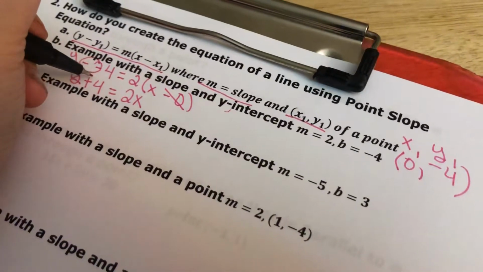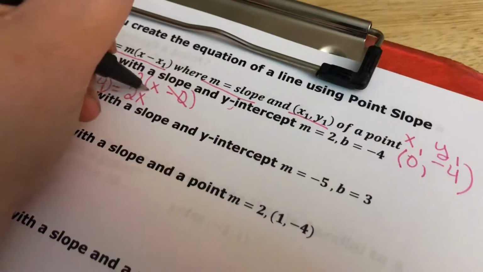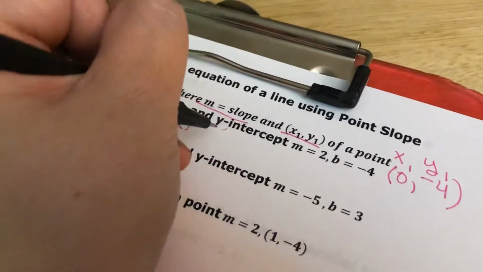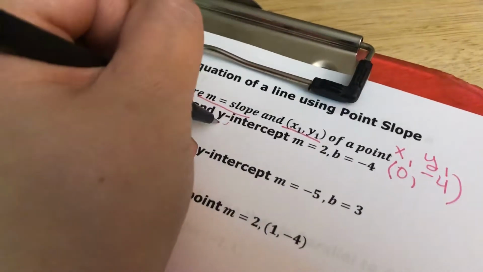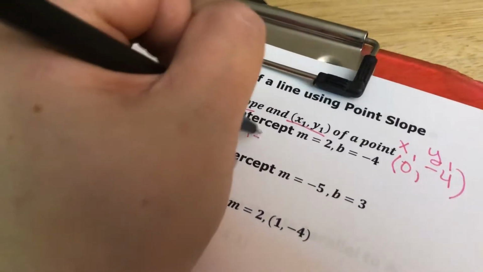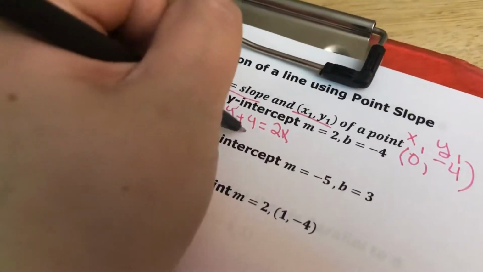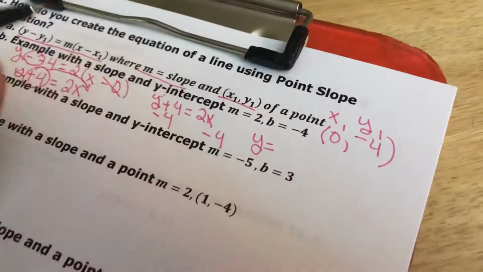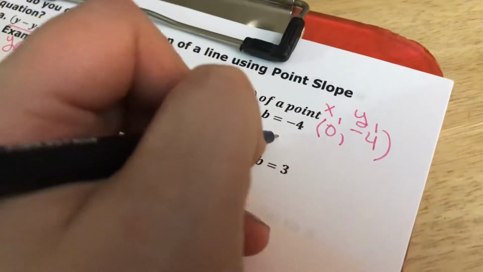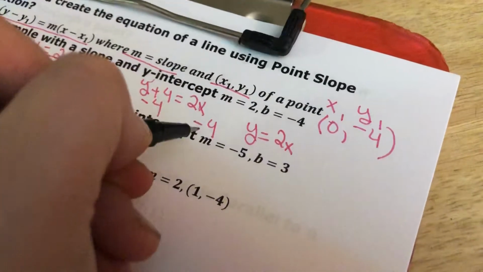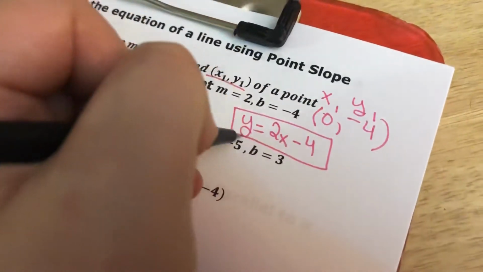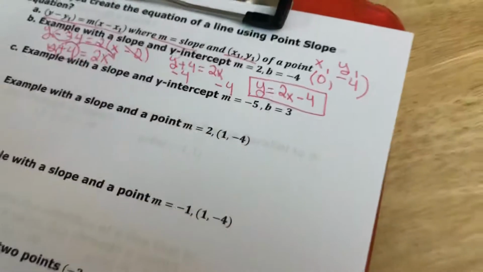And then you need to move that positive 4 to the other side and change its sign. So if I'm going to rewrite this for you, y plus 4 equals 2x. So if I subtract 4, then that means y equals the 2x and then minus 4. And that's how you do the first one.